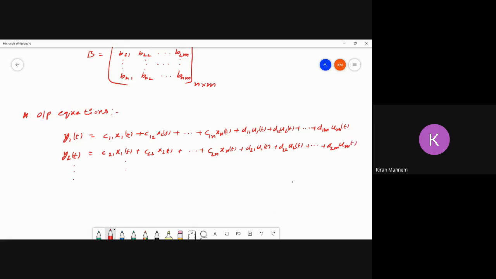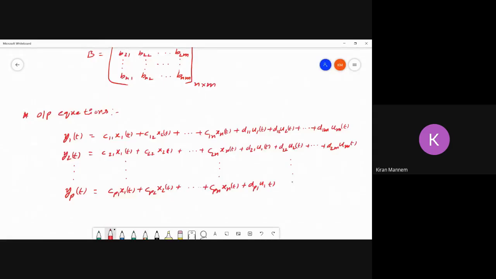So similarly, I have p equations, since you have p outputs. yp of t would be Cp1 x1 of t plus Cp2 x2 of t plus ... Dp1 u1 of t plus Dp2 u2 of t plus Dpm um of t.